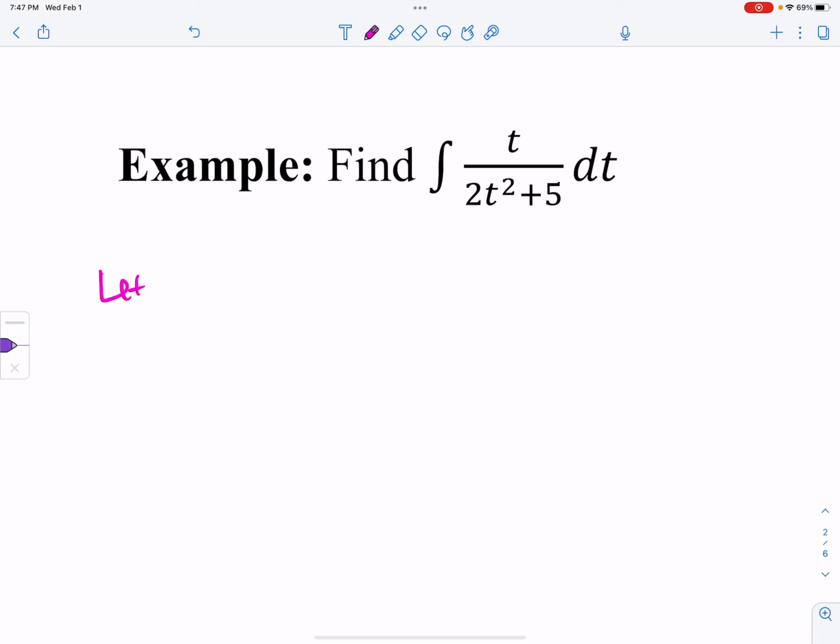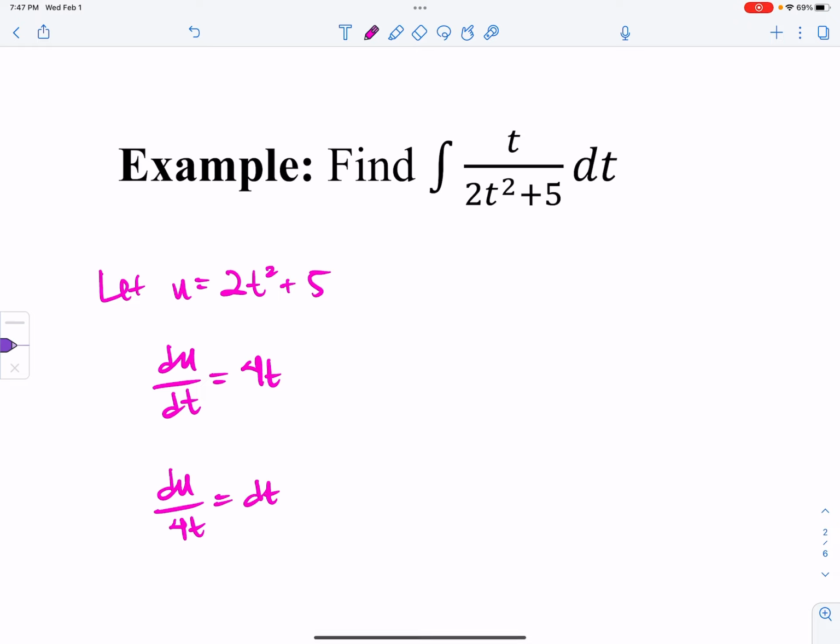Okay, so we're actually going to let u equal to 2t squared plus 5. du over dt would be 4t. And then if you're solving for dt, you'd get du over 4t equals dt.